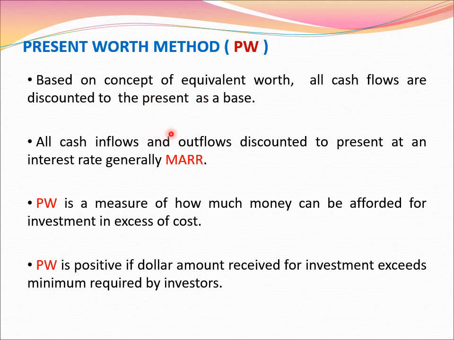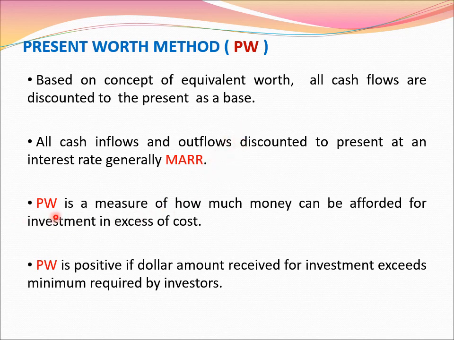Okay, so we will use equivalent worth analysis, whether it's present worth, future worth, annual worth. In the first case, we will do this present worth. I mean, we will evaluate this project finding the present worth of its cash flow. And when doing this analysis, when finding its present worth, we will use this MARR as the interest rate in the calculations. Okay?